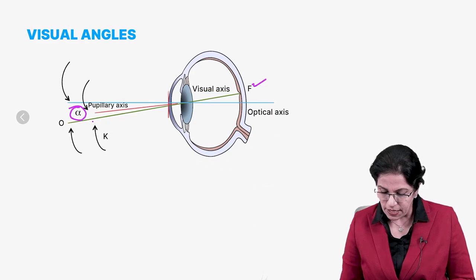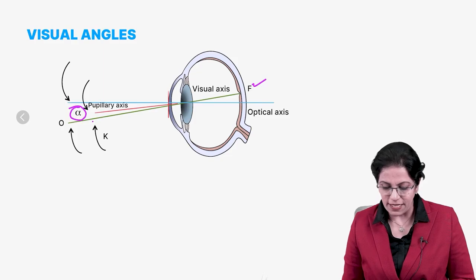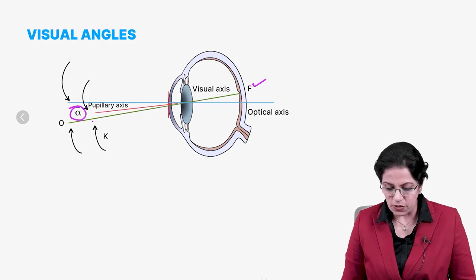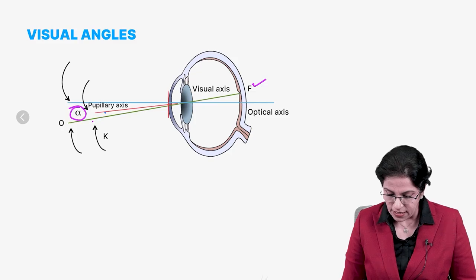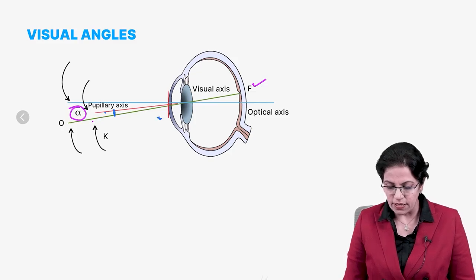So the pupillary axis is almost merging with the optical axis. Between the pupillary axis and this green line, the visual axis, this is what is at the cornea. This is angle kappa.